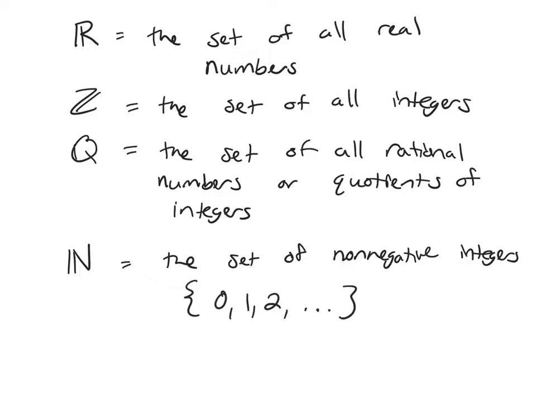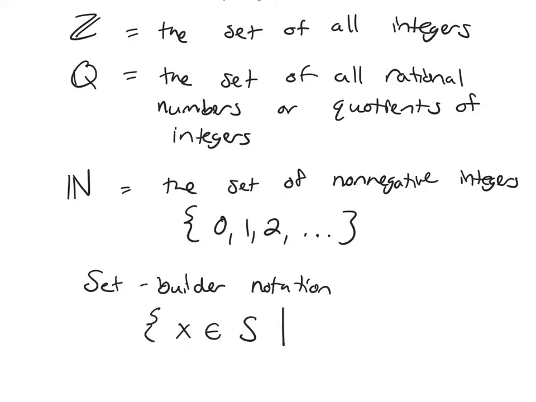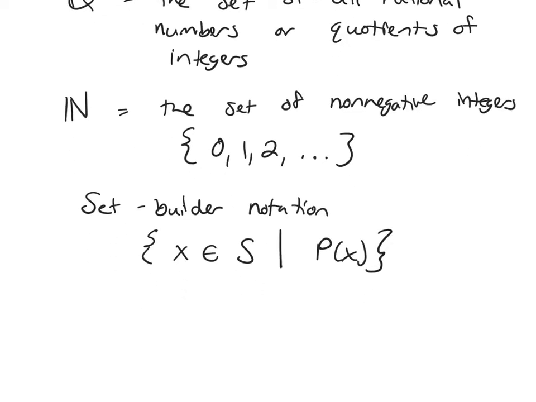All right, and then when we're talking about sets, we often use something called set builder notation. So it's a notation that looks like: the set of all elements of S such that P of X. Okay, so this would be set builder notation.